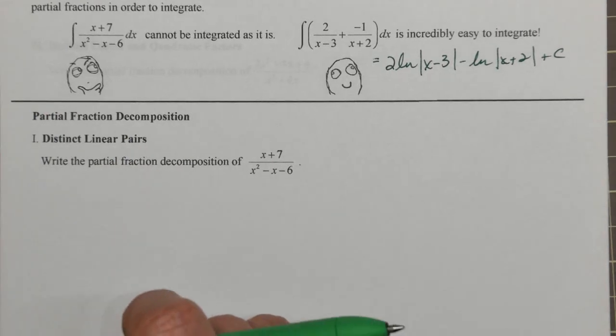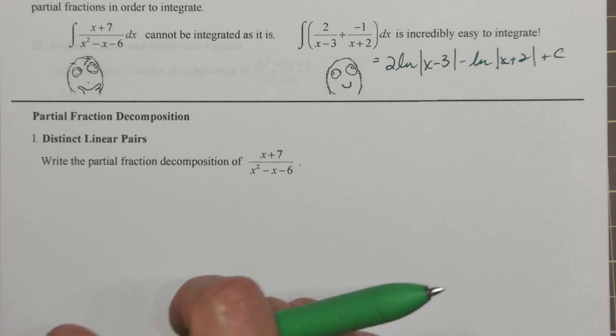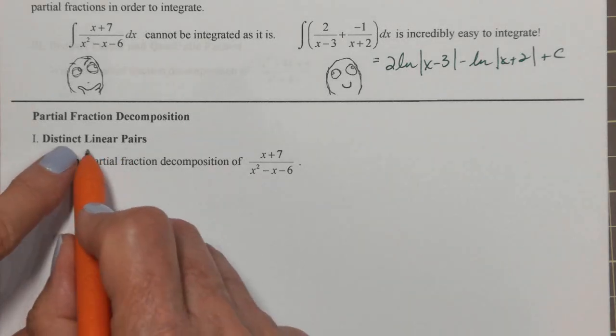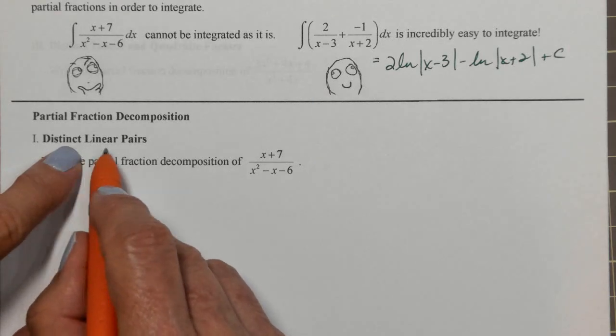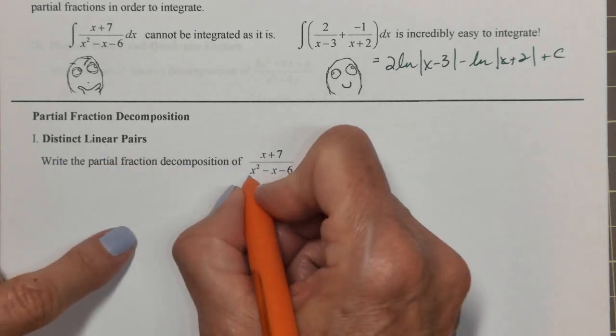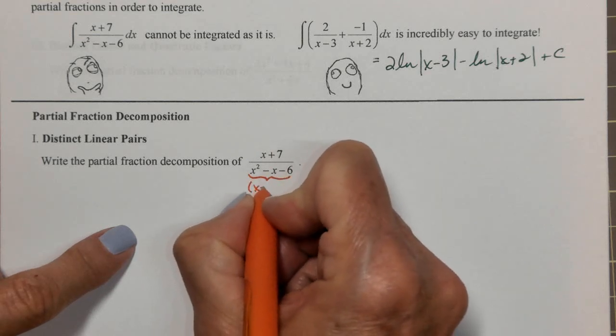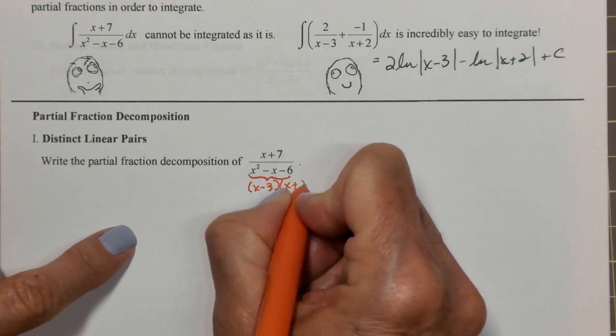So there are three kinds of situations that you're going to come across. And the first one is when you get distinct linear factors. So this denominator can be factored into x minus 3, x plus 2.